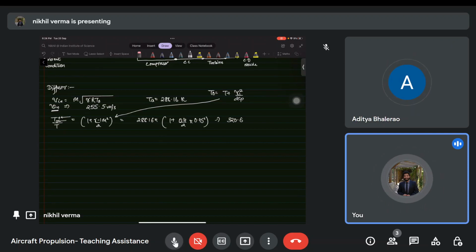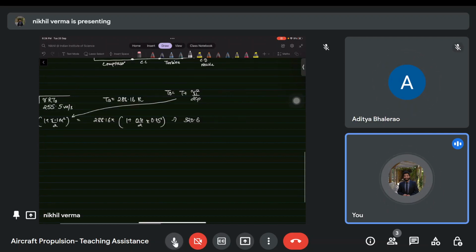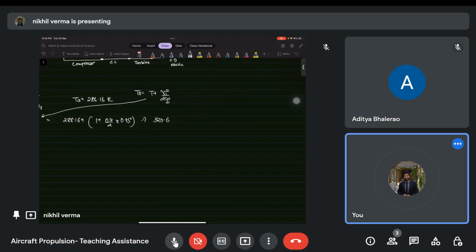If you replace this Cp with the expression, if you see this equation, this is T plus velocity, which can be written with M square gamma RT. The velocity V is Mach number into the square root of gamma RT. V square is this, and 2 R gamma by gamma minus 1, right?